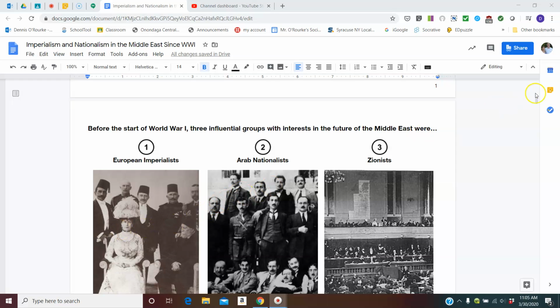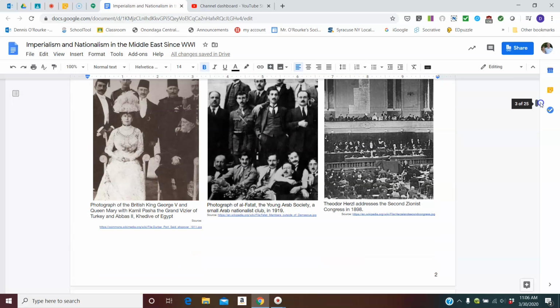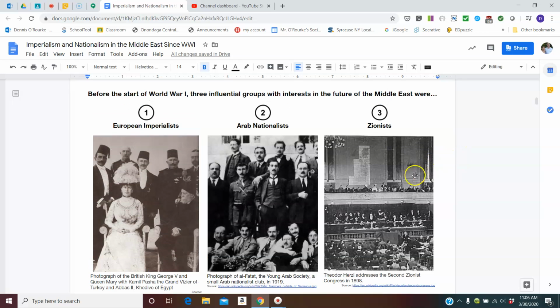Also, you had Arab nationalists, the people who were not Turks but who lived in a lot of the land controlled by the Ottoman Empire. And then you have the Zionists. These were European Jews who were tired of being persecuted in Europe and were looking for a homeland, which they thought should be in the historical, or at least biblical, homeland of what is now modern day Israel.